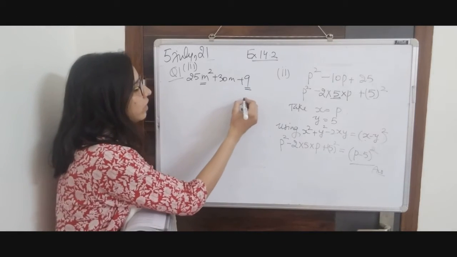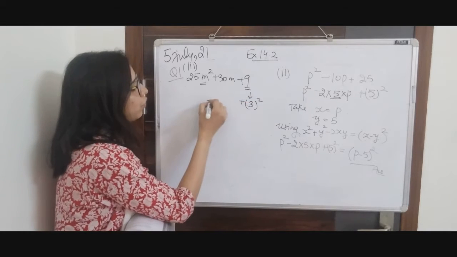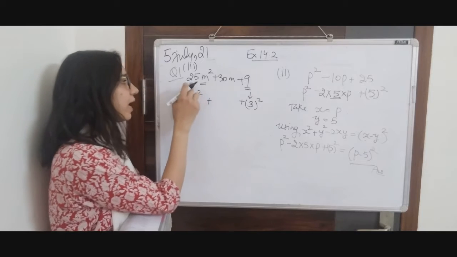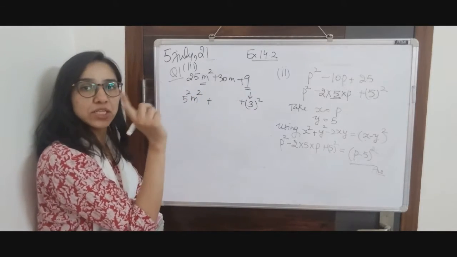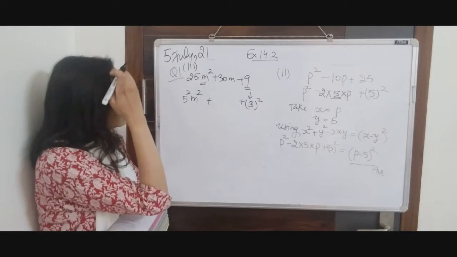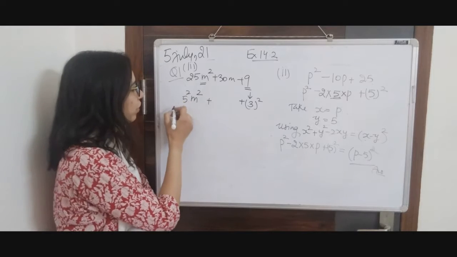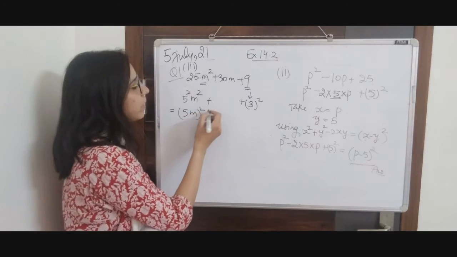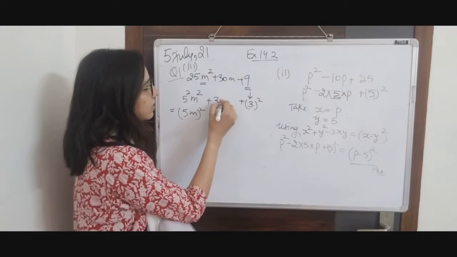So I am writing this as 3 square. And this is also 5 square, and we want x square, nothing attached to that. So 5m, it will be written as (5m) whole square. Now this term will be 2ab. I am writing this as it is.